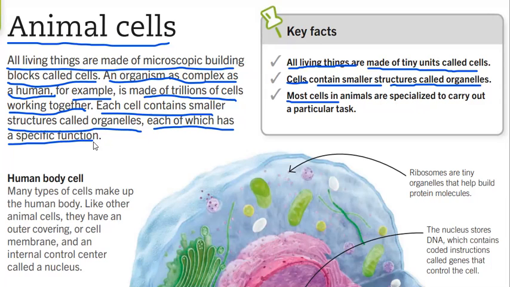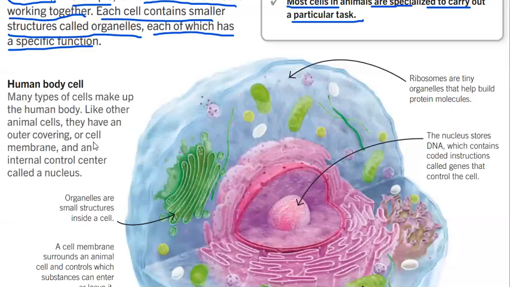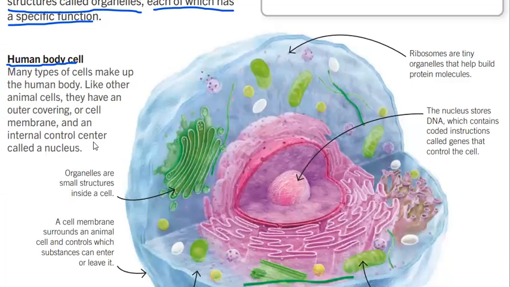Most cells in animals are specialized to carry out a particular task. For example, if you take the human body, many types of cells make up the human body.